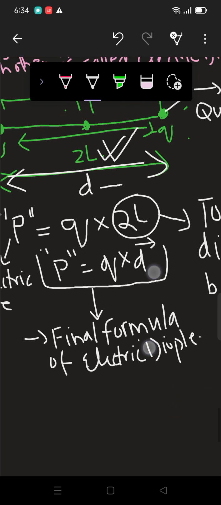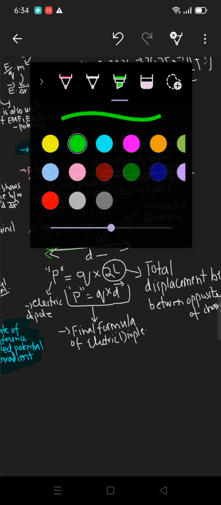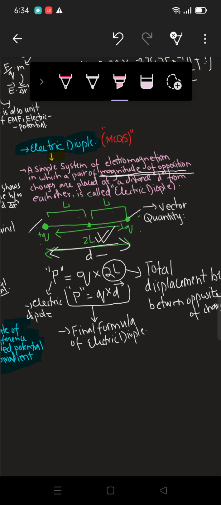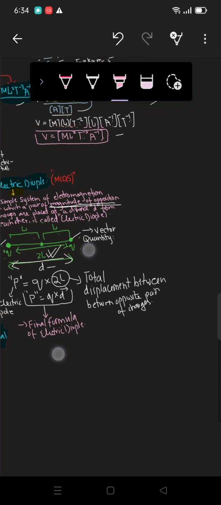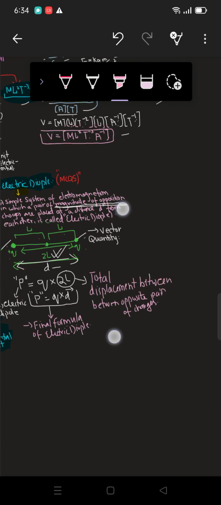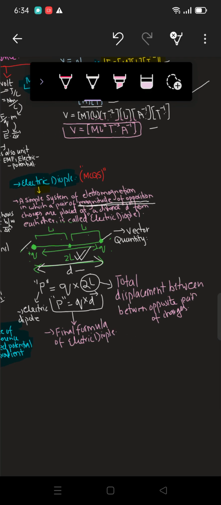And I told you it is a vector quantity since we have a cross between the two quantities, right? And later I'll tell you why this is a vector quantity. But yes, it is a vector quantity as I have written here. Let me highlight this.